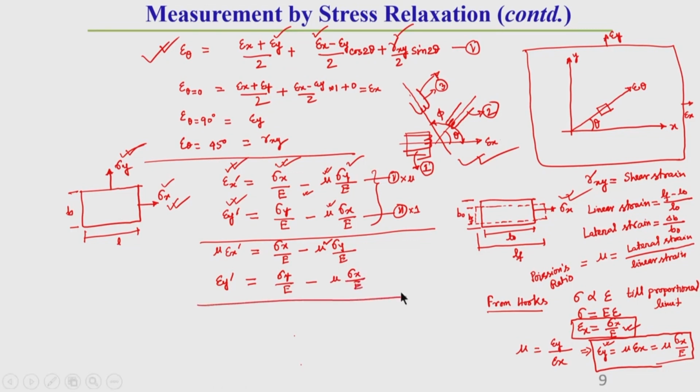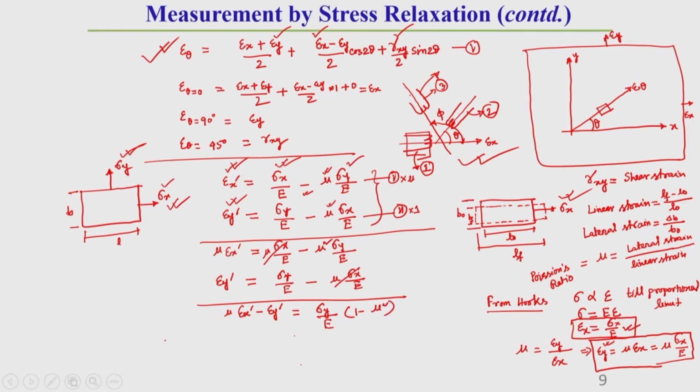Now, add these two equations. What do you get? You see, this and this will cancel out. So, here you will get mu into epsilon x dashed plus epsilon y dashed equal to sigma y by E into 1 minus mu square, correct.